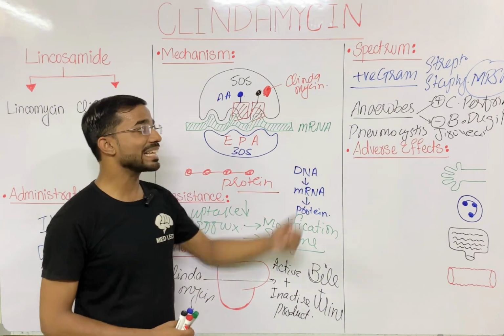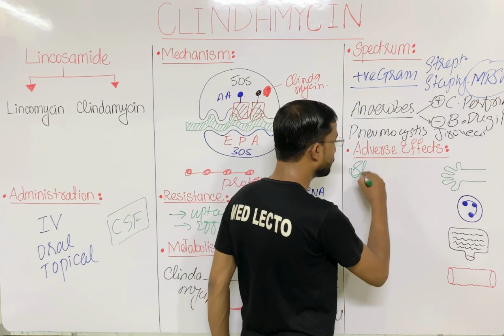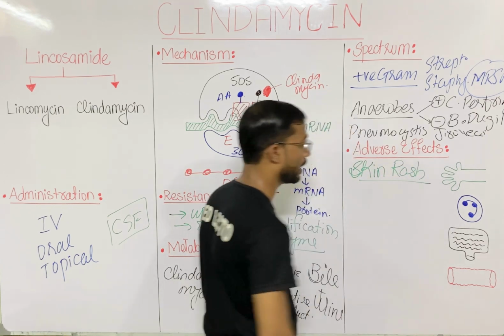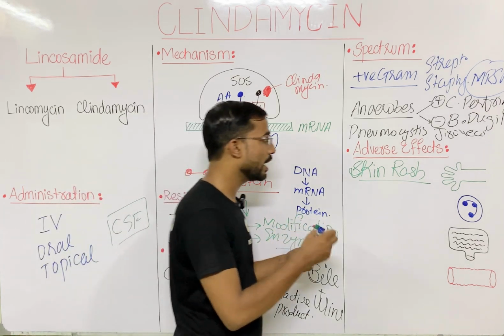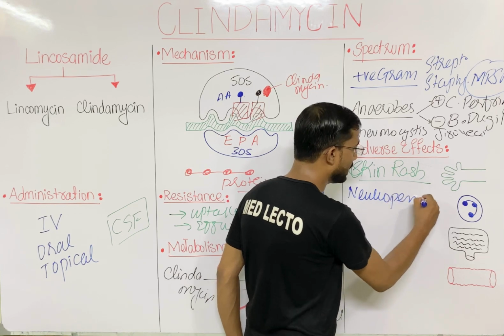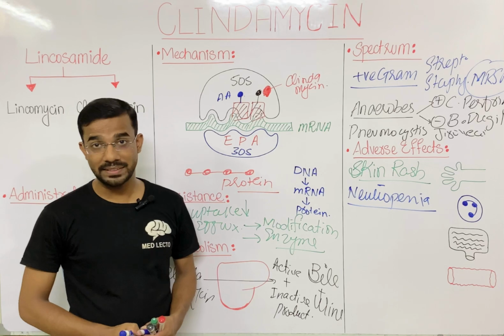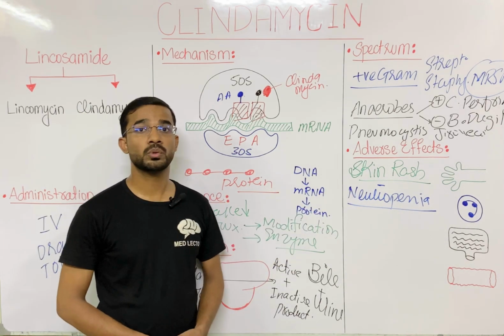If we look at the different adverse effects, the most important adverse effect related to the clindamycin is the skin rash. That is the important thing. Next adverse effect, you will see the neutropenia, a low count of the neutrophils, and you can check the neutrophils through the CBC report.